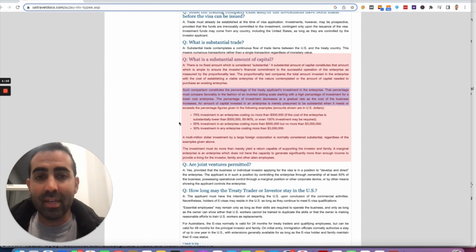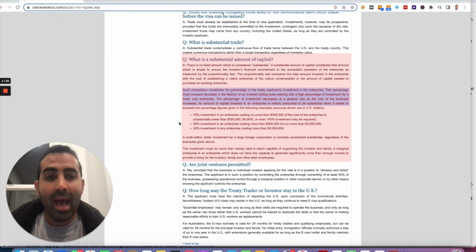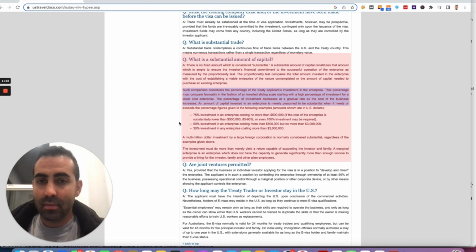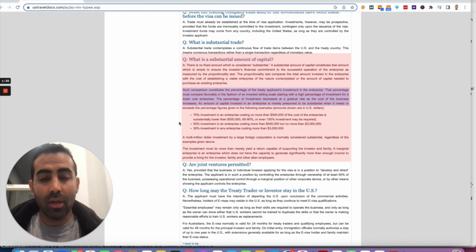The percentage of investment decreases at a gradual rate as the cost of the business increases. An amount of capital invested in an enterprise is merely presumed to be substantial when it meets or exceeds the percentage figures given in the following examples. Amounts shown are in US dollars.